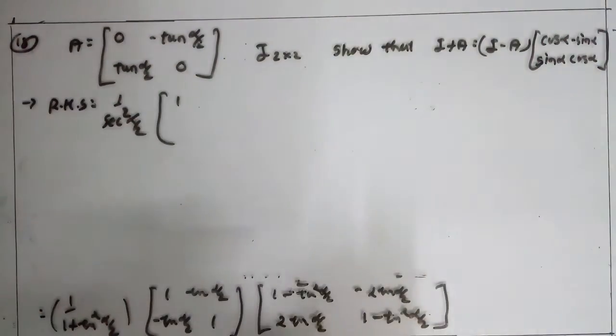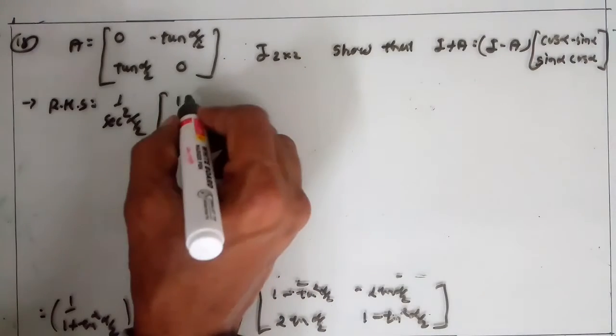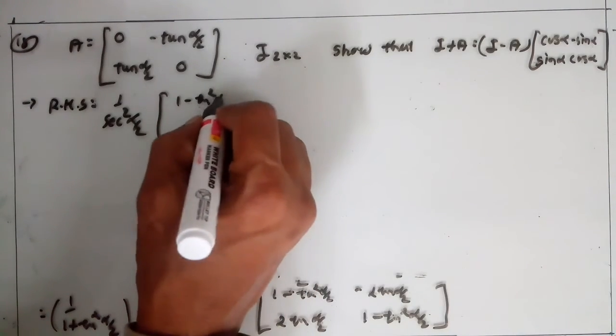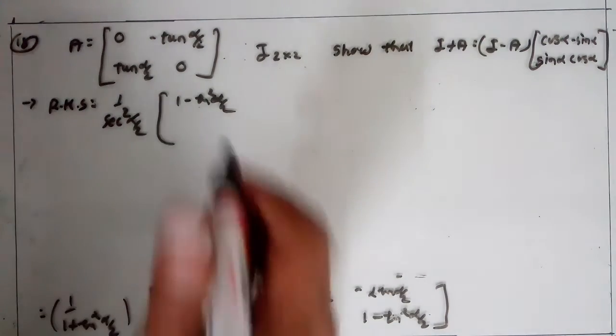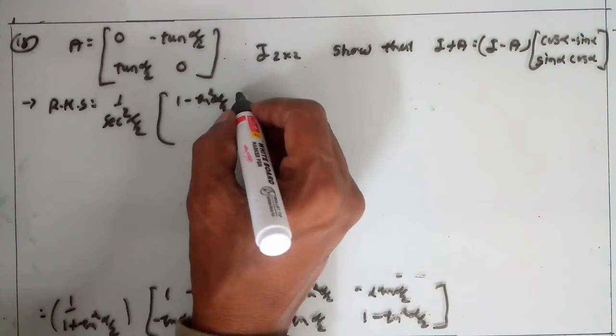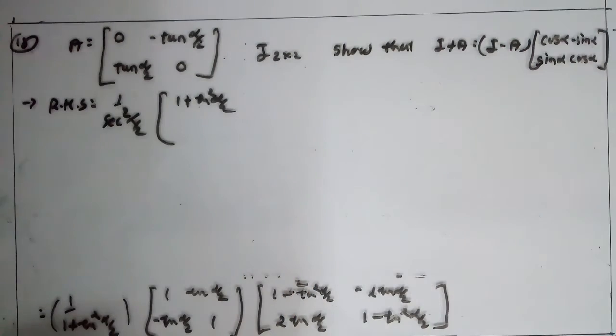Take the matrix multiplication of these two matrices. 1 into this becomes 1 minus tan square alpha by 2. Tan alpha by 2 into this becomes 2 tan square alpha by 2. That means it becomes 1 plus tan square alpha by 2.